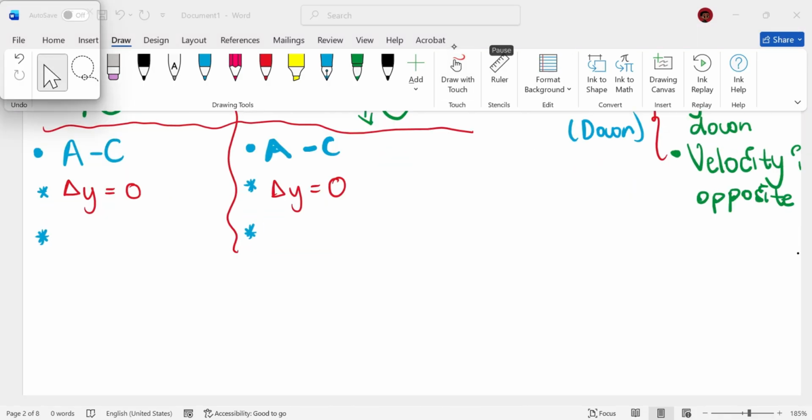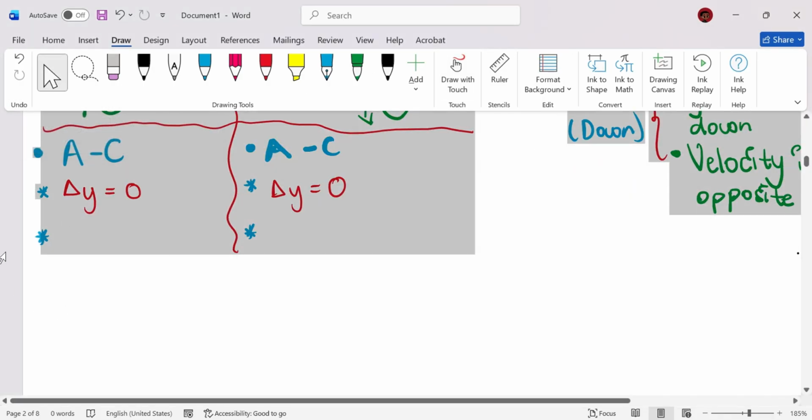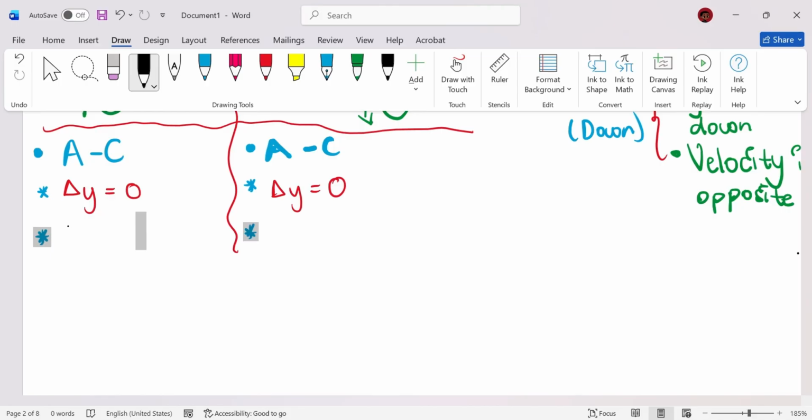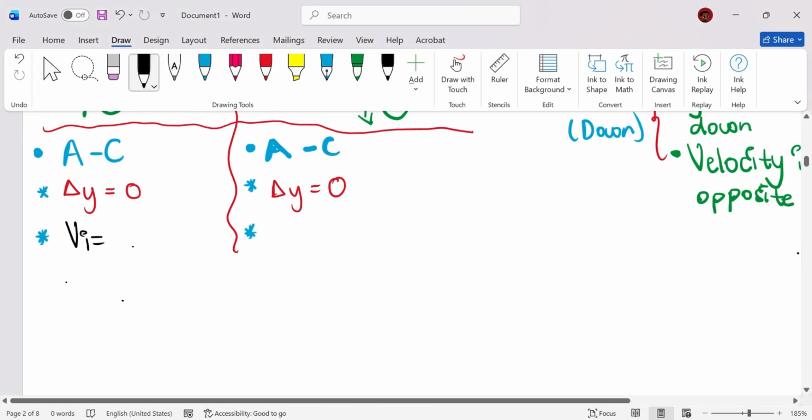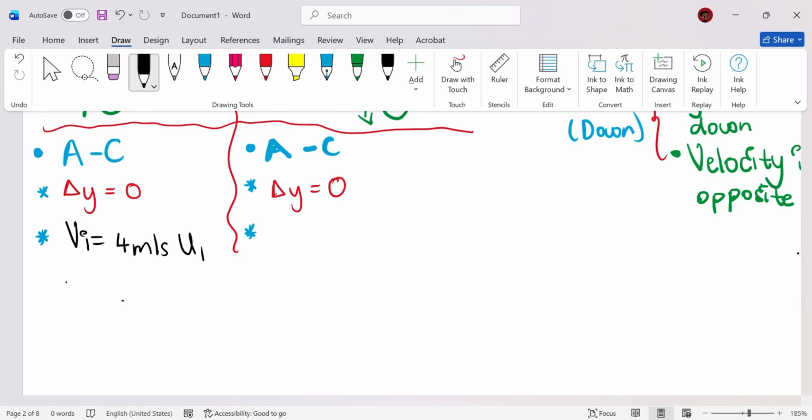Let's say at point A the initial velocity was 4 meters per second. So it was moving upwards.